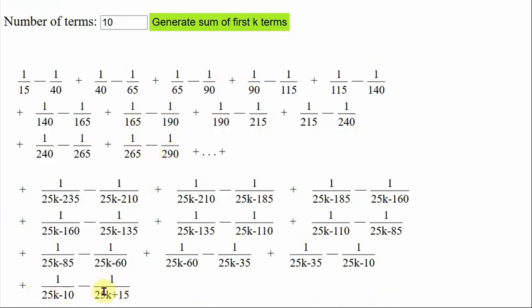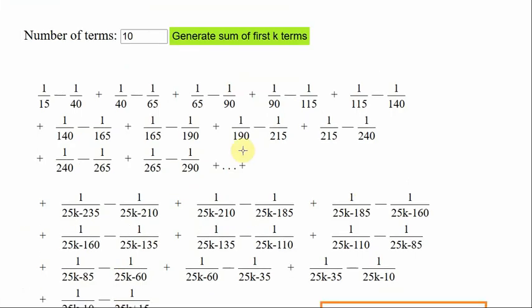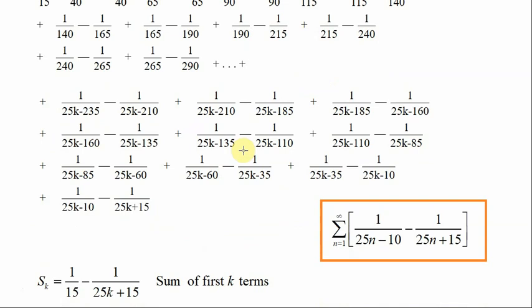This is the kth term. So in the place of n, we have k. And then to form this term, we would replace n with k minus 1 and then simplify. For this term, replace n with k minus 2, simplify, and we get this. Here, replace n with k minus 3, and then k minus 4, k minus 5, and so on.